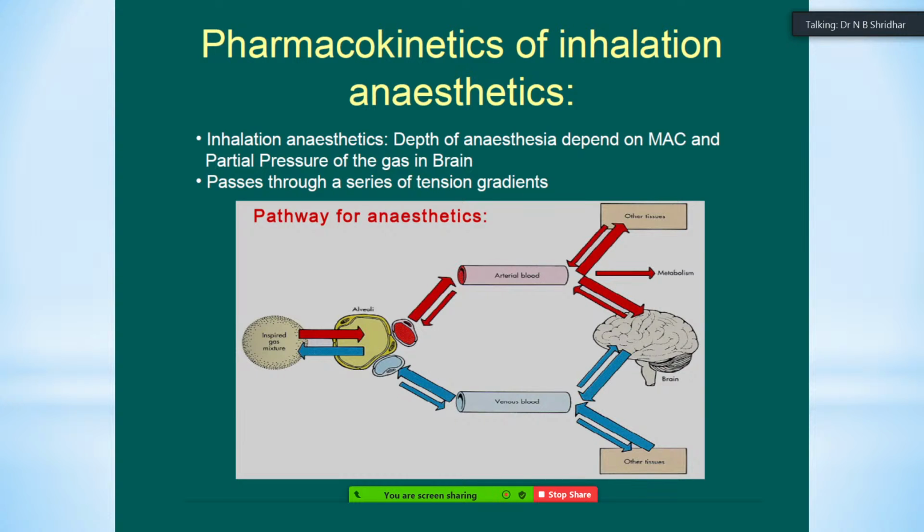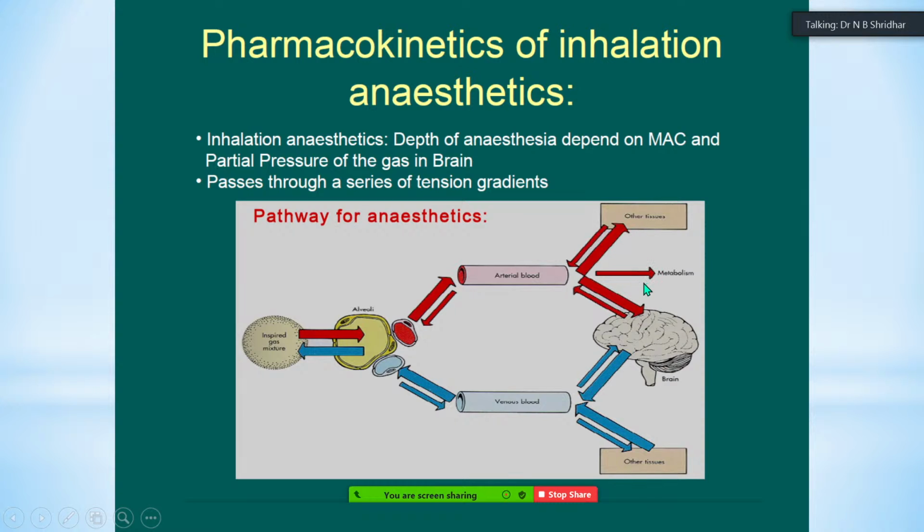So many of the gases are excreted through the lungs, and they also depend on the kidney for excretion. The blood-brain barrier will prevent certain anesthetics from entering the brain, whereas most lipid-soluble anesthetics like ether and chloroform enter the blood-brain barrier without any hassle. Whenever the drugs are administered, they enter the capillary and there will be a little pressure, and this is called the partial pressure.